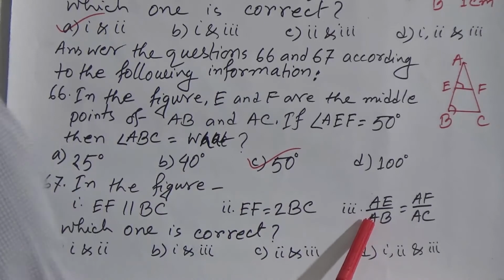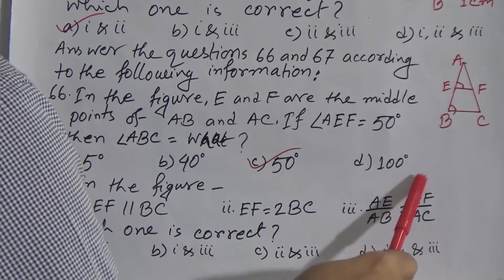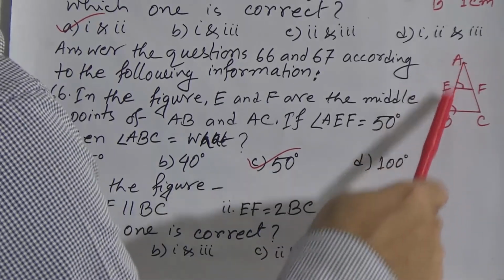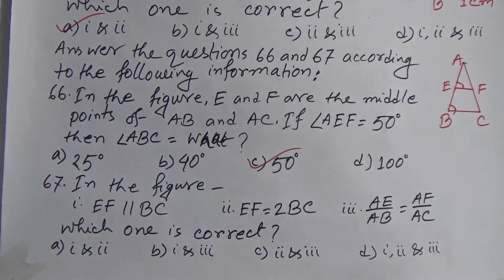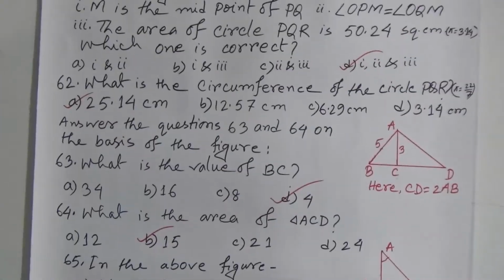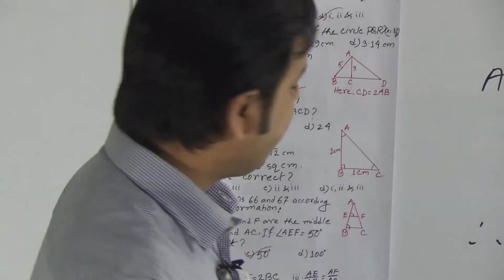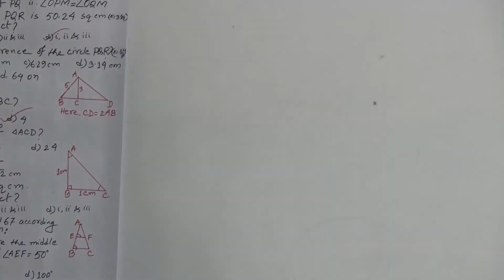Now statement 3, AE by AB equal to AF by AC. Dear students, in class 7 you have learned the similarity of triangles. From that we can say, if two triangles are similar, then the ratio of their similar sides must be equal.